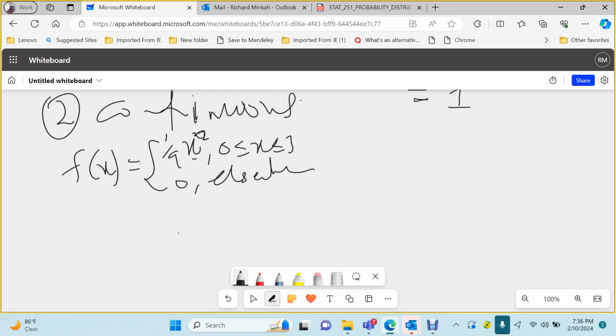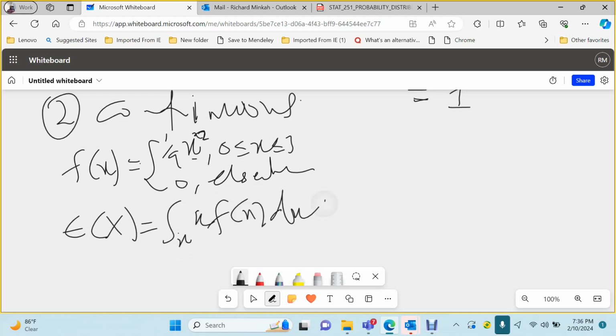So here, by definition, the expected value of x will be the integral of x times f of x dx.